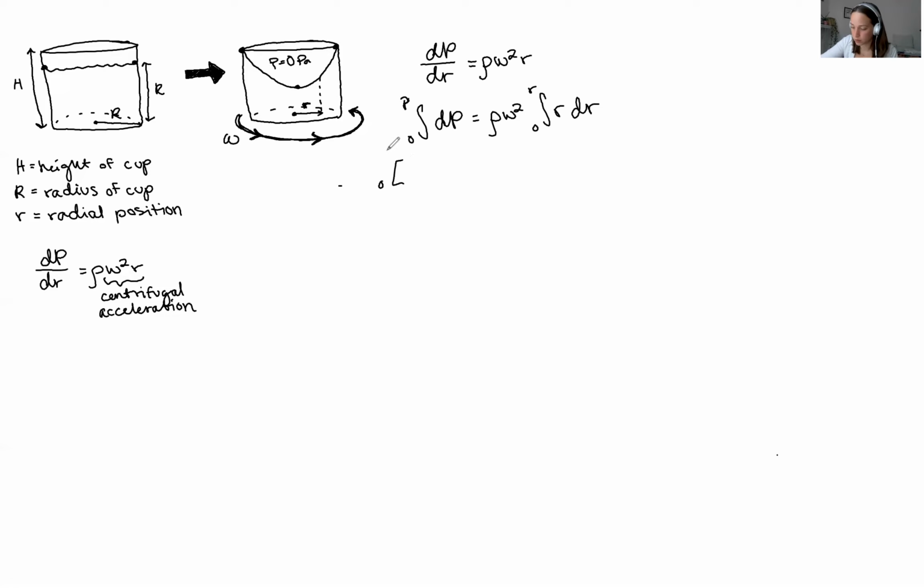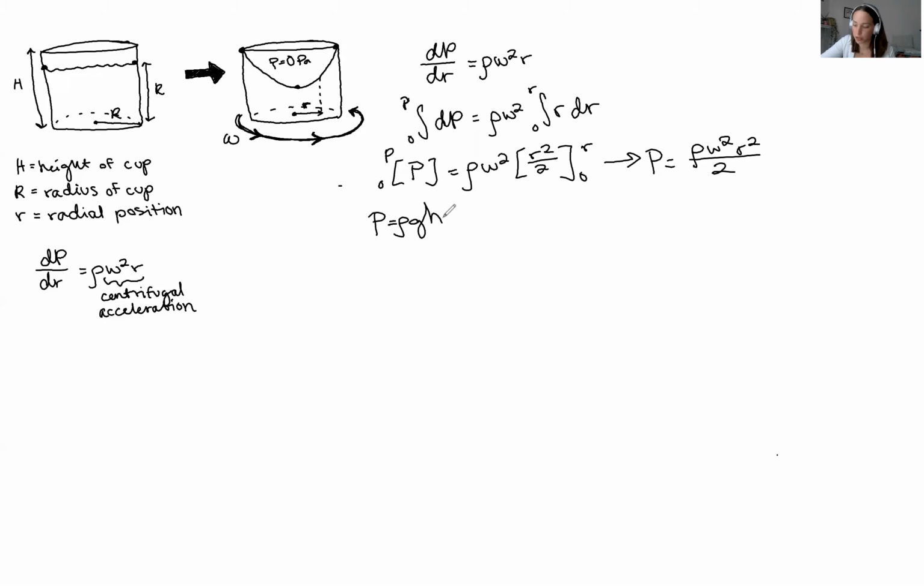So on this side, and from this, we get that the final pressure is equal to the density times that angular frequency squared times the radius squared over 2. Now, we also know that pressure is equal to the density times gravity times height. So then we can set those two equations equal to each other.